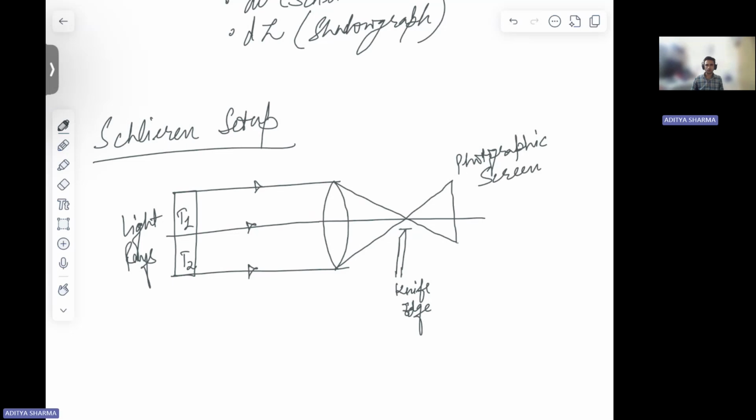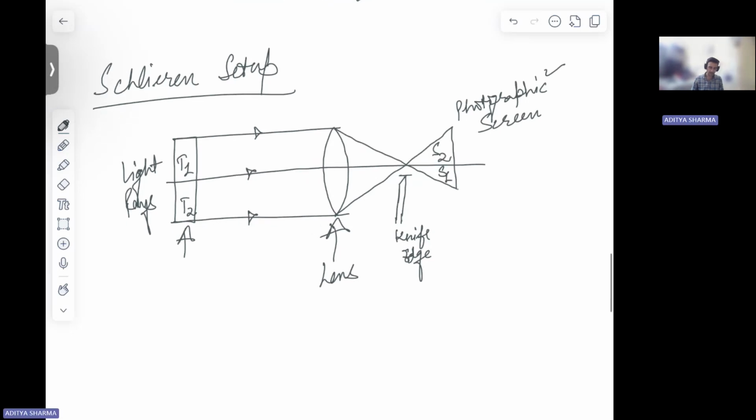Okay. So the flow you are interested in is in this region. The light will pass through it. Then after passing through it, it is going to get into this lens. From this lens, this is going to project onto a screen. So this basically is the Schlieren setup.